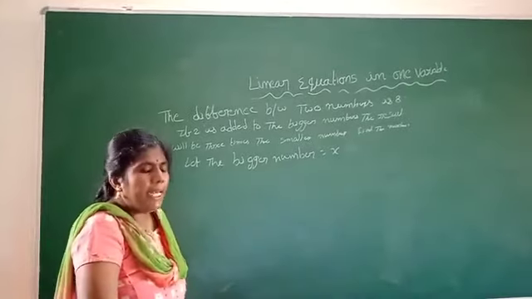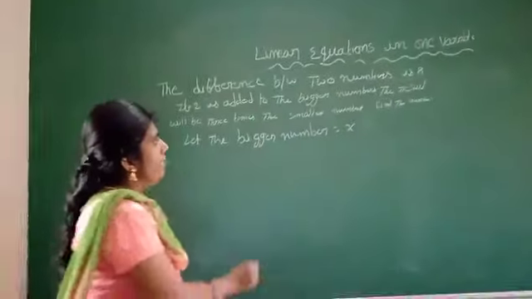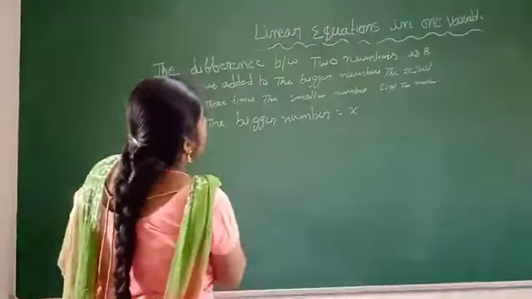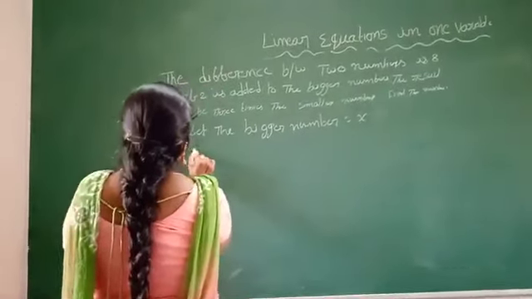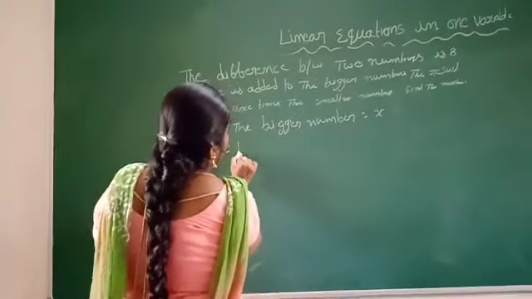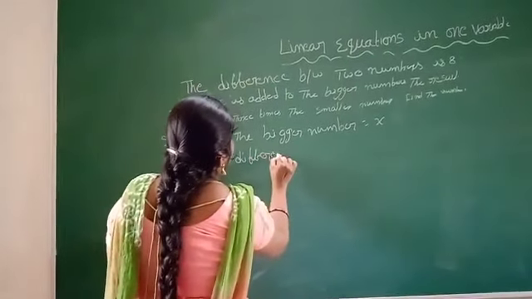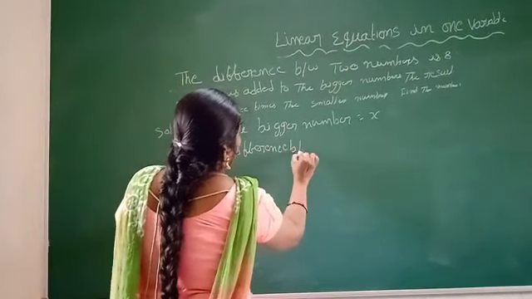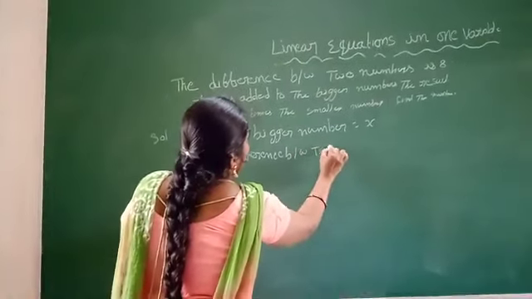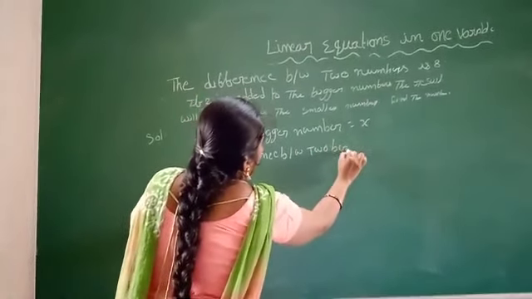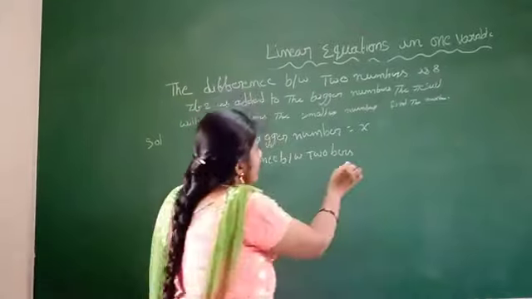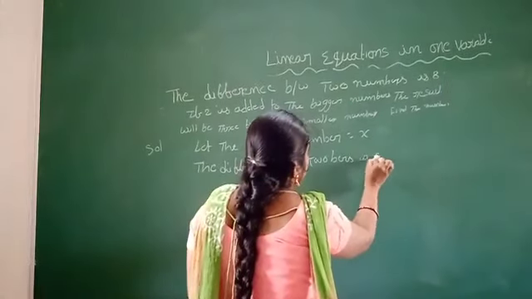Let the bigger number be x. Right? Second step, the difference between the two numbers is 8. Next, what is given?